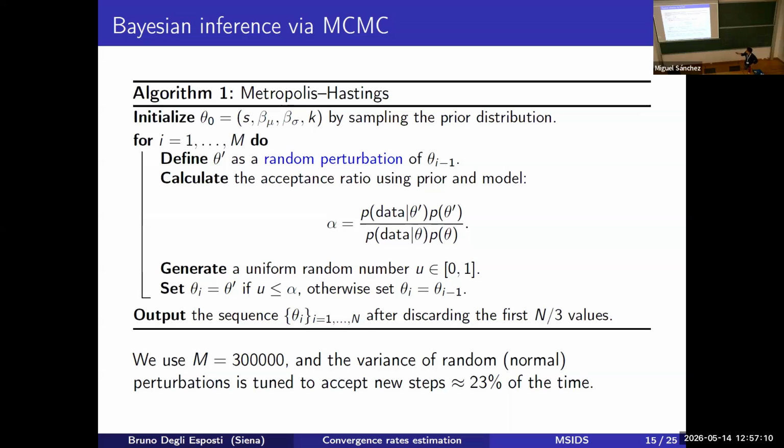We calculate the acceptance ratio with this formula using the probabilities I mentioned earlier. This is alpha. We generate a uniform random number u in 0, 1. And then if u is less than or equal to alpha, we accept theta prime as the next element in this Markov chain.